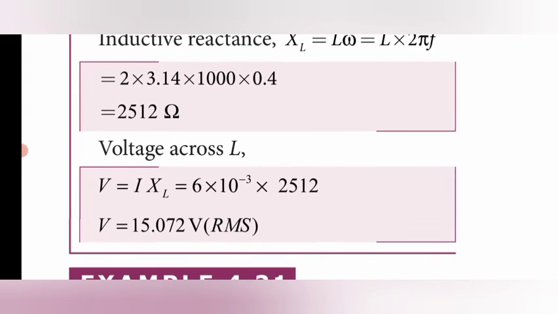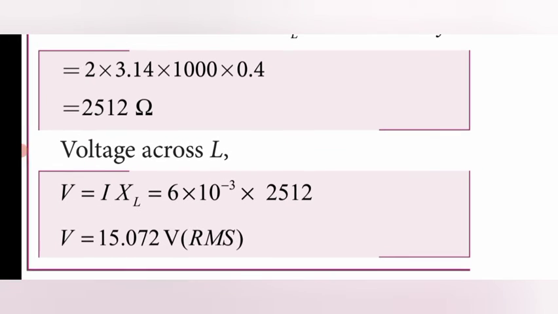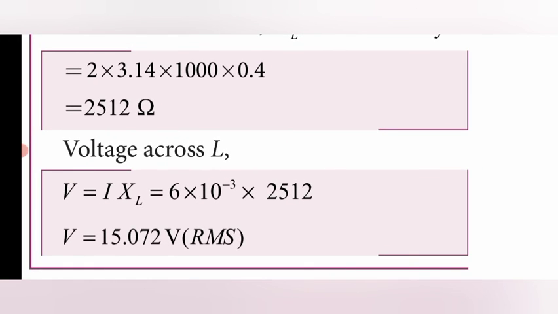So V is equal to I times the inductive reactance XL. The I value is already given, so 6 into 10 to the power minus 3 into the inductive reactance we found. Substitute that value and finally you will get V is equal to 15.072 volt in RMS value. So this is one example problem.